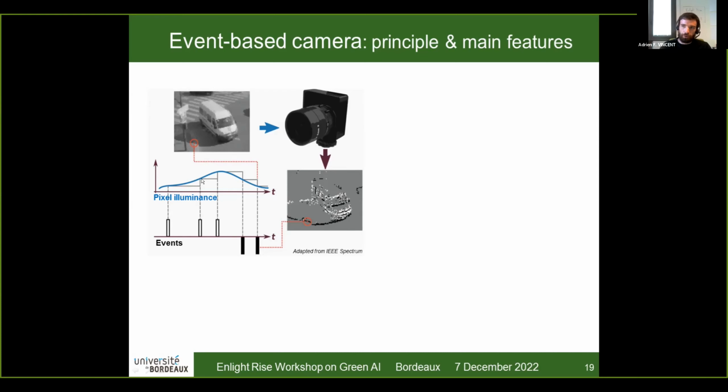Regarding the light that they receive, they emit events that might be positive or negative depending on whether they saw an increase or a decrease of light. Otherwise, they do not produce any data. That's what is represented here. That's the typical output of such a system, where in white and black you have the events, and in gray it means that you have no output for that pixel.